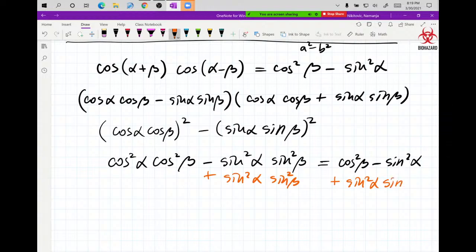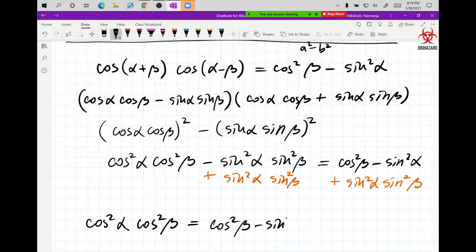Fingers crossed, right? So on the left now we have cosine squared alpha, cosine squared beta, and on the right I have cosine squared beta minus sine squared alpha plus sine squared alpha sine squared beta.